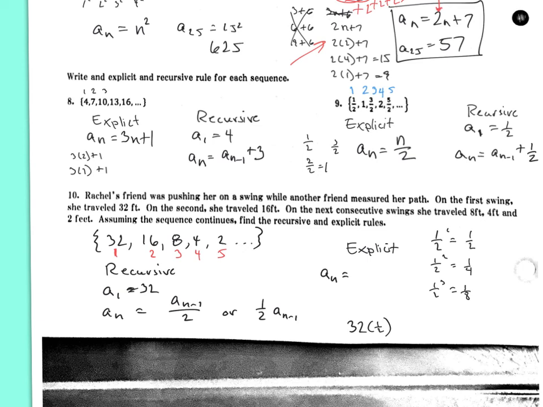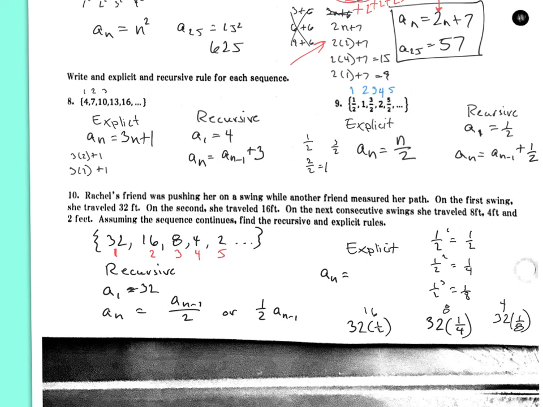Where's my n? n is 1. 32 to get to 8, I don't know why I feel like I need that 32. 32 times 1/4. 32 times 1/8. This is 16. This is 8. This is, ooh, I might be onto something.